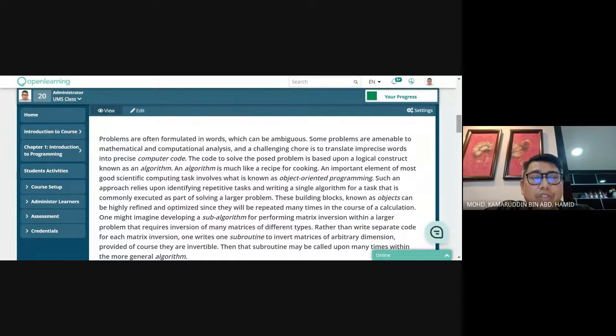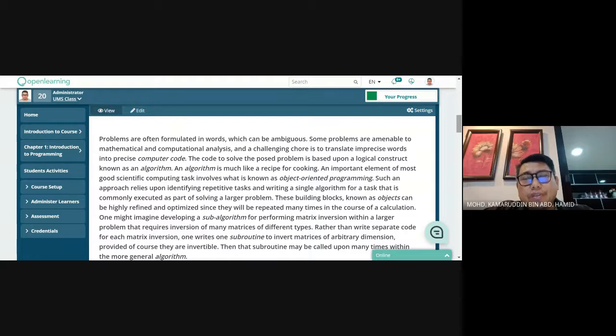Okay, problem analysis will start with analyzing the problem. Tukarkan the problem into a simple word or summarize it. Once you have done that analysis, nanti kita akan tengok there is some information related to what we call procedure to do that.